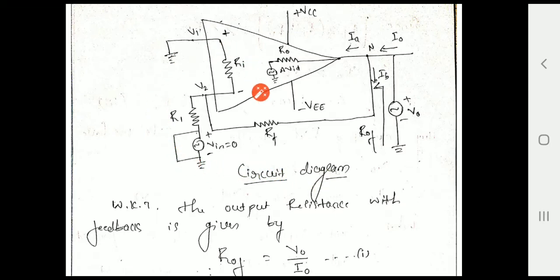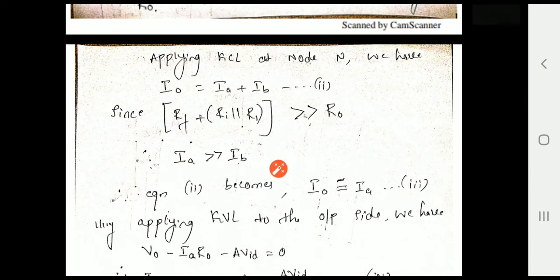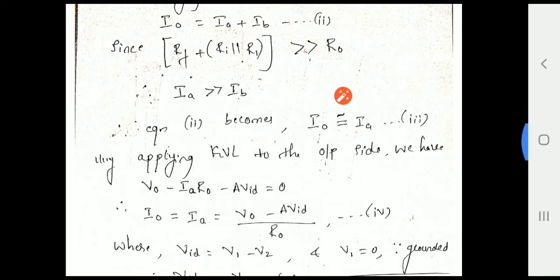Comparing these values with R0, which is very small, we can say that RF plus RI parallel with R1 is much greater than R0. So we can say that IA is much greater than IB. The current IA is very large compared with IB, and IB can be neglected from equation 2. So we can write that I0 is nearly equal to IA.